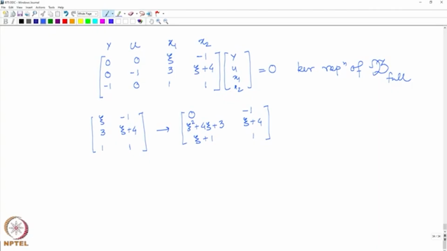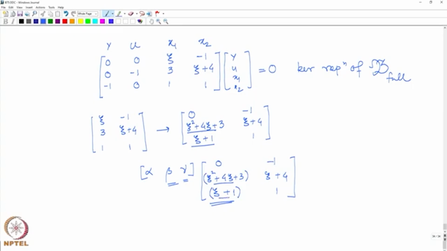To get that, first I look at this equation. Once again I need alpha, beta and gamma, which when multiplied with this matrix must produce 0 for both columns. I can use the first column to get beta and gamma. Now notice xi plus 1 is a common factor between these two entries.